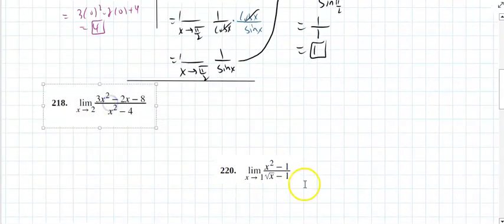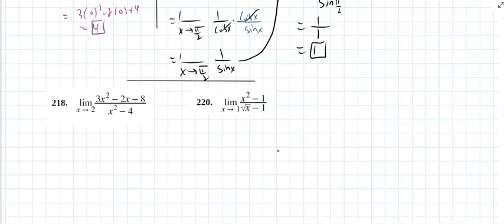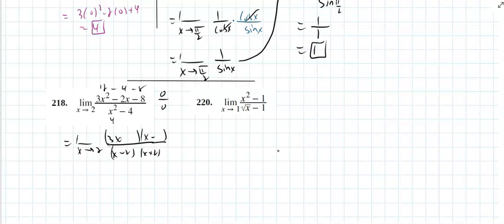Rational functions, again, you plug the value in. If you happen to get 12 minus 4 minus 8 is 0, and 4 minus 4 is 0. So in that case, what do you do? Well, you factor. The denominator will be the difference of squares, and the top will be 3x and an x, a minus 2 and a plus 4.